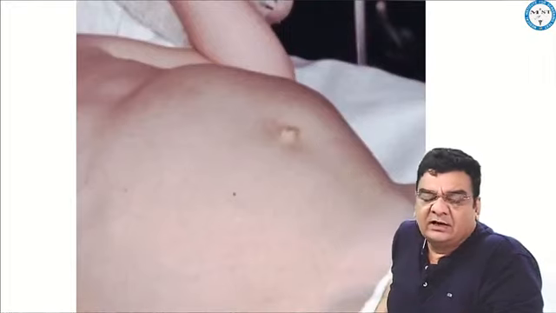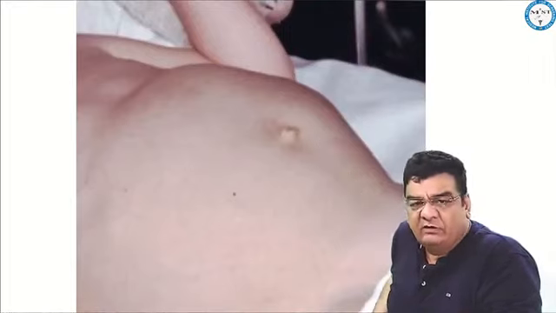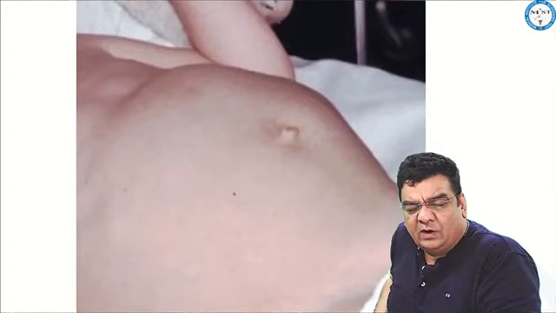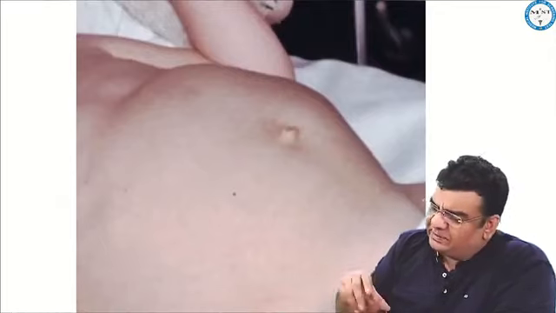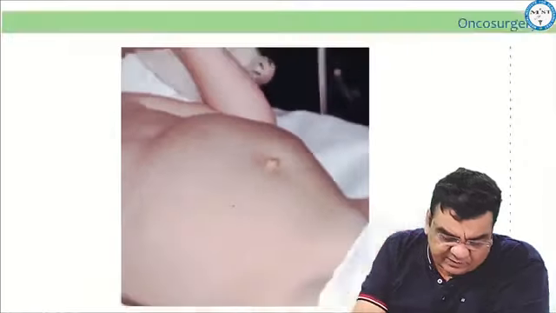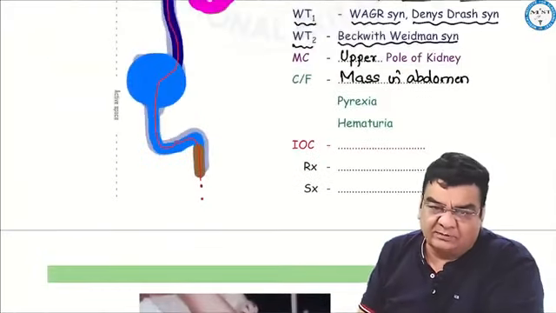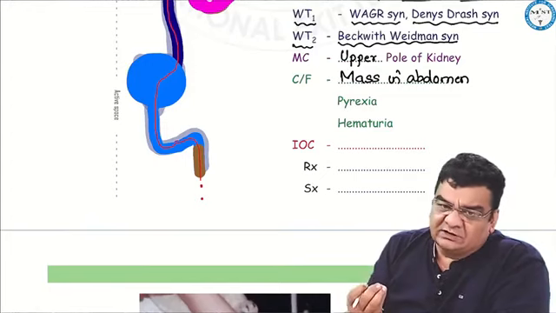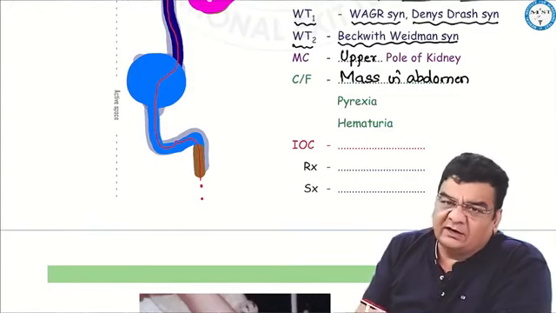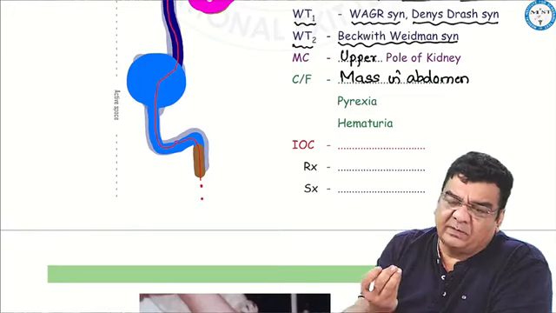Small babies, their abdominal muscles are lax. Whenever there is any organ enlargement inside the abdomen in small babies, usually they present as abdominal mass. You are able to palpate those masses. That is why Wilms tumor's commonest presentation is abdominal mass. Tumor may produce certain substances which can lead to pyrogens and pyrexia.